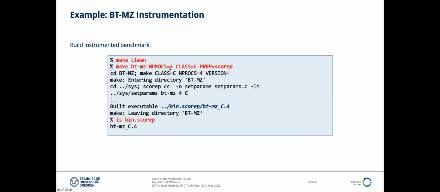And here it's very easy to modify the makefile so that it will read a PREP environment variable. And we simply put PREP equals scorep in, and here we have a PREP in the makefile that expands to scorep, and you get instrumented code out.